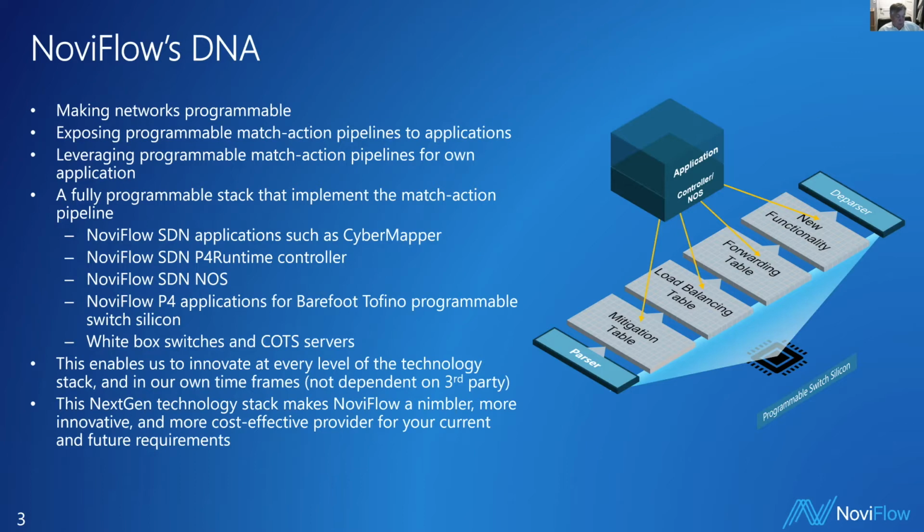You can look at the tables as functions executed on the packet on behalf of the application. The picture on the right shows tables for mitigation, load balancing, and forwarding. It also has a table called new functionality. And this is really up to the imagination of the application programmer, what they want to do.